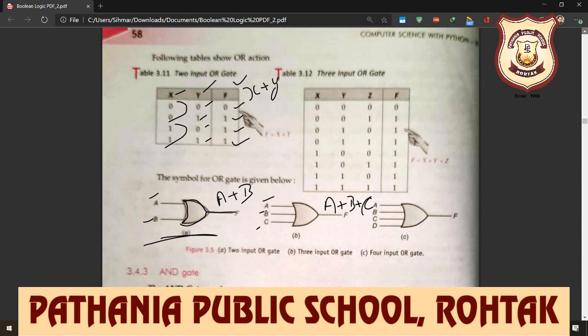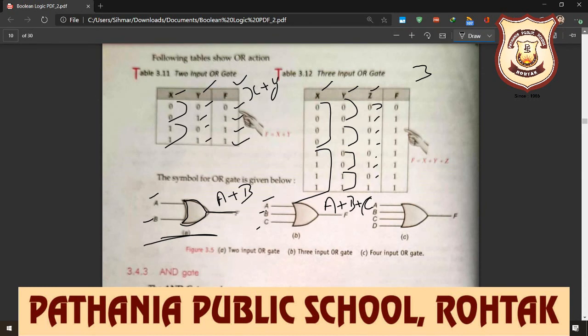And the truth table of this OR gate with three variables: the truth table has x variable, y variable and z variable. You can write first four 0s, then four 1s, two 0s, two 1s, again two 0s, two 1s, then 0 1 0 1 0 1 0 1.